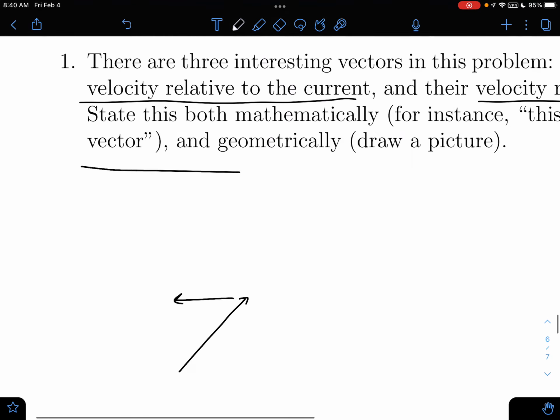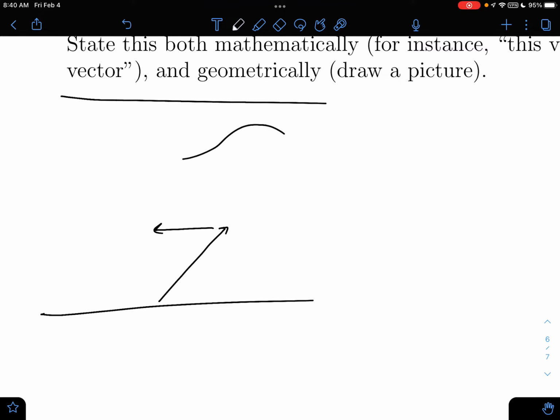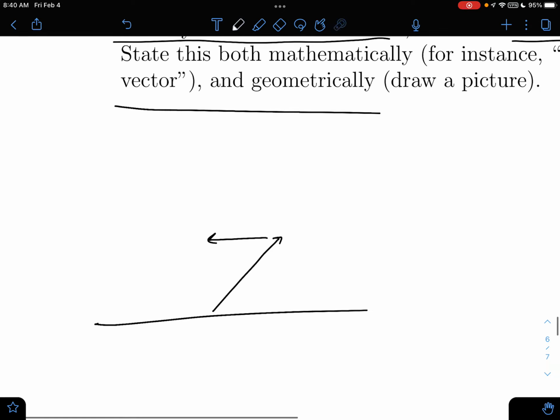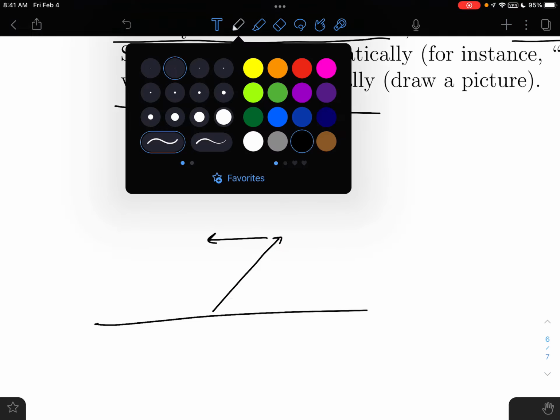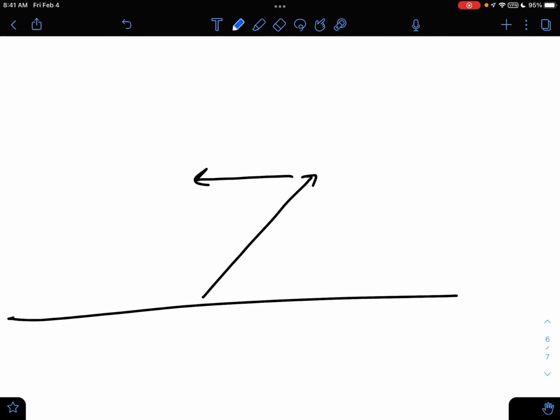Say if I'm drawing my picture kind of like this, I'm going to draw my current going like that, going to the left, just because that's what it made me think of. So I'm going to set my positive over here and my negative over here, right? So the current of the water is going to the left, and we know the person's going to be angled upstream some way, right? We know that, in total, their velocity relative just to the shore, we want to look like they're just going straight across.